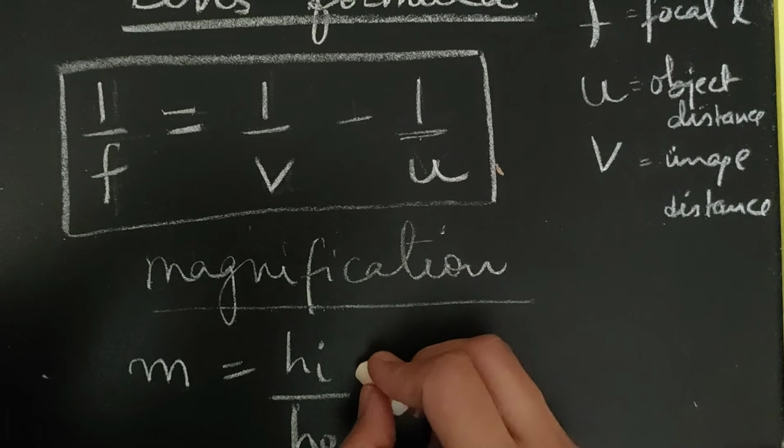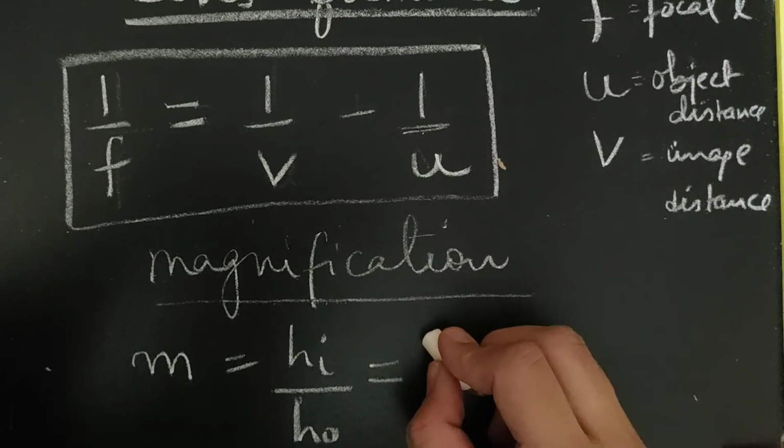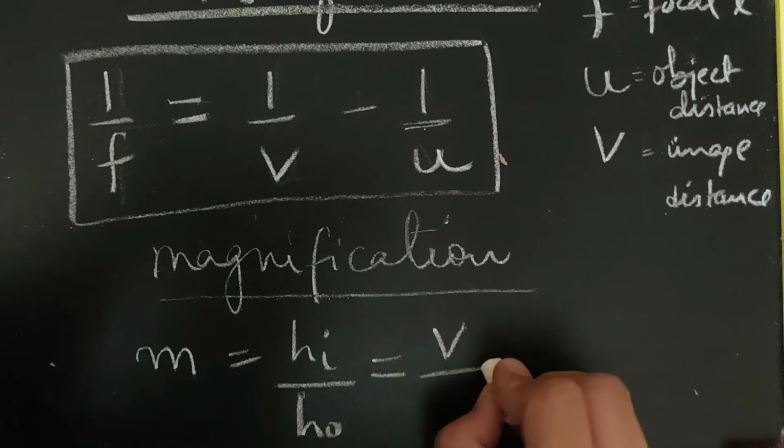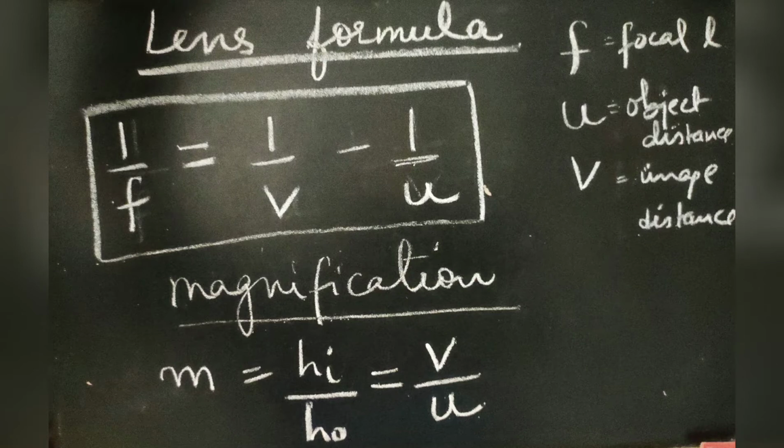Also, in terms of object distance and image distance, this formula can be stated as the ratio of image distance to object distance. So we'll be using sign conventions that we had discussed to put the values for v, u and f, and also for the values of hi and ho. Remember, hi and ho represent image height and object height respectively.